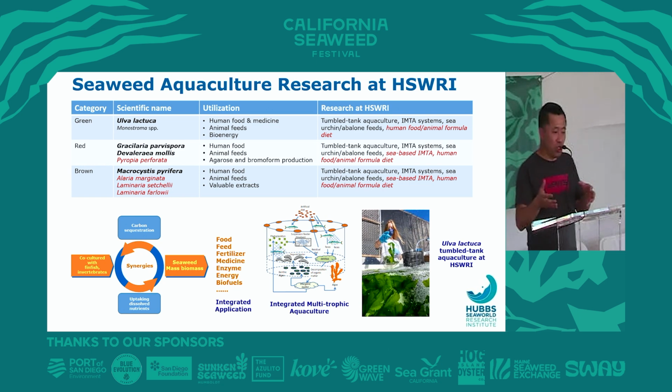Also, we want to use them to feed sea urchins and abalone. The species in red are our future research species, and the fields in red are our future research fields, including open sea longline culture and open-water IMTA systems. Also, we want to develop human food, or animal formula diets.